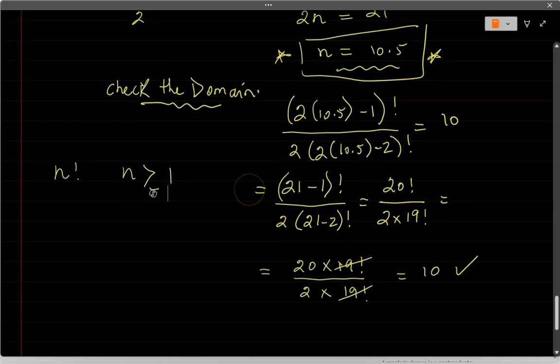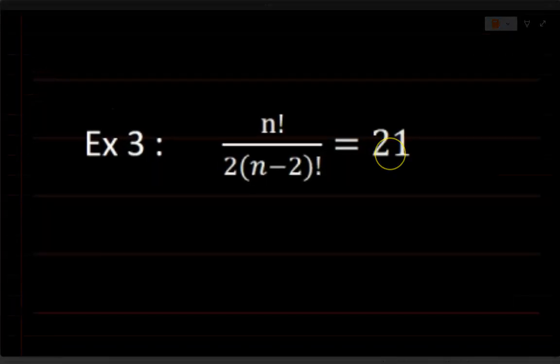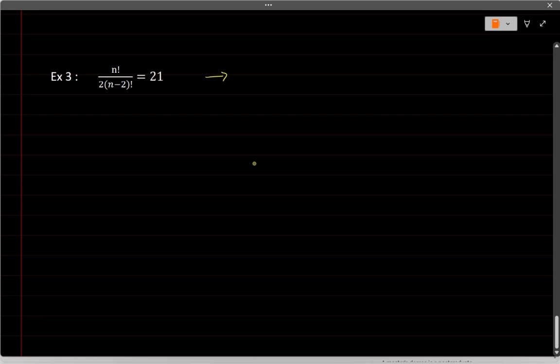All right, next one, the last question. Here it is. We have this equation, and again, which one is bigger, the denominator or the numerator? So we have to break down the numerator. We say n times n minus 1, and then times n minus 2 factorial.